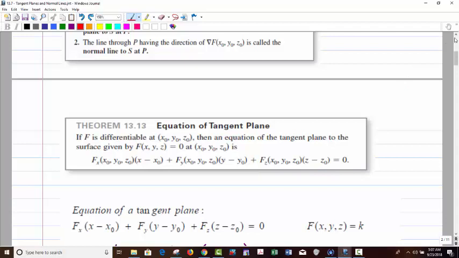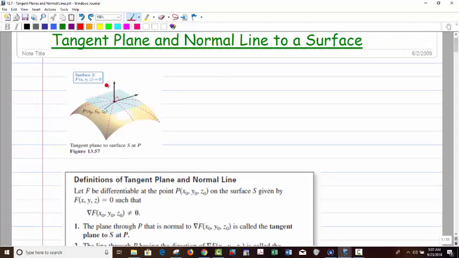So let me come back up to this figure for a moment. Obviously we need a point, and then we need a normal vector to that plane to be able to come up with the equation of that plane.